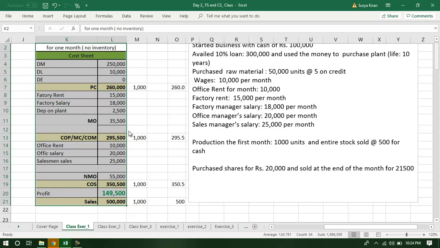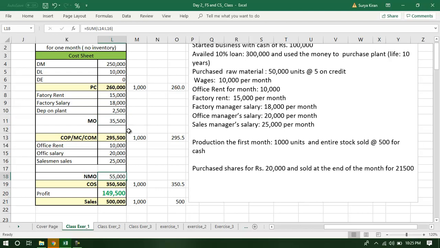Now we will use this information to understand that we can observe that the total cost of this product includes the prime cost, manufacturing overheads and non-manufacturing overheads.